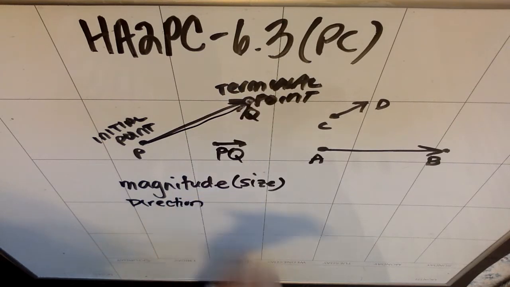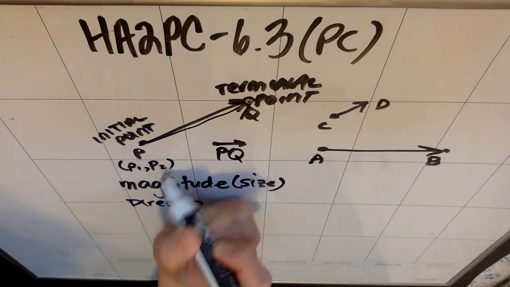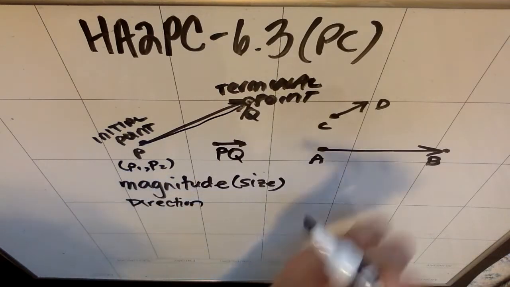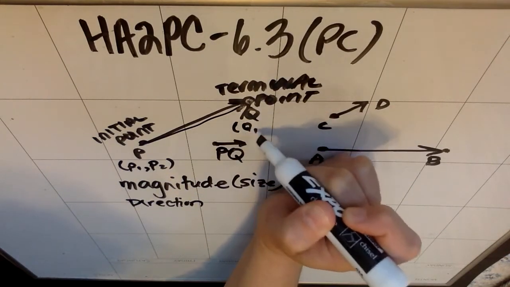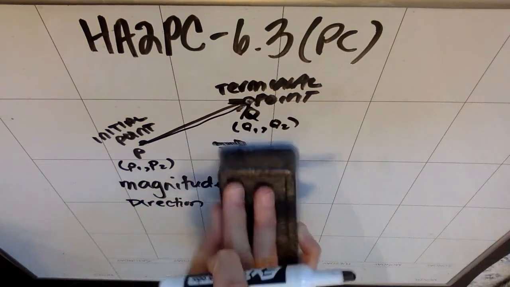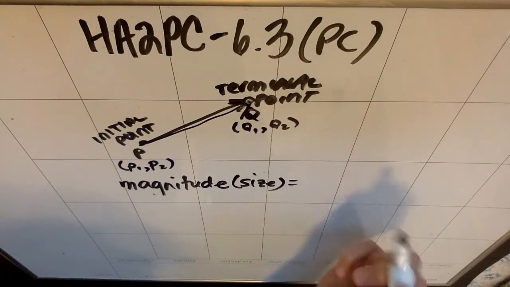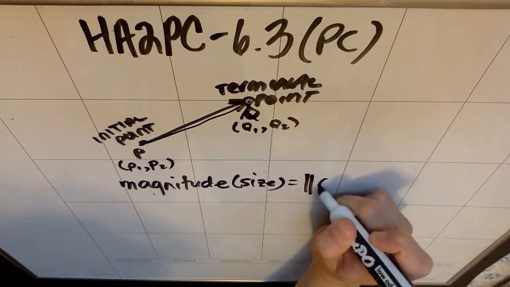So when we find the magnitude of a vector, if the vector is between 2 points, I'm going to call this point P1, P2, meaning point P has an X and a Y coordinate. And I'm going to call Q, Q1 and Q2, meaning point Q has an X and a Y coordinate. If I wanted to find the magnitude of PQ, the way that I'm going to write that magnitude is this double absolute value thing.